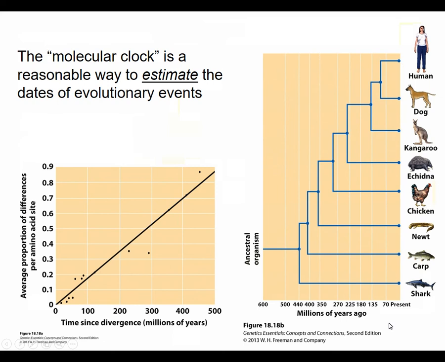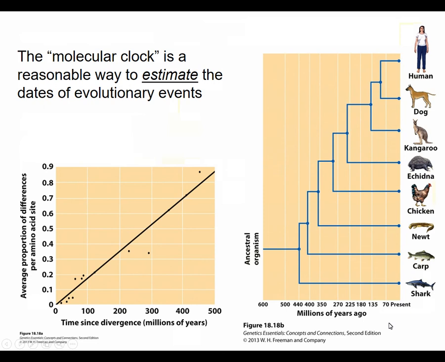What you're able to do is then compare the chicken DNA to some of the DNAs that you have on your chart, and based on how many differences you find there, you can figure out how far back it diverged. So you basically interpolate along this relationship.